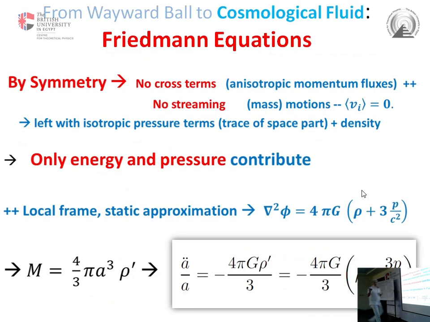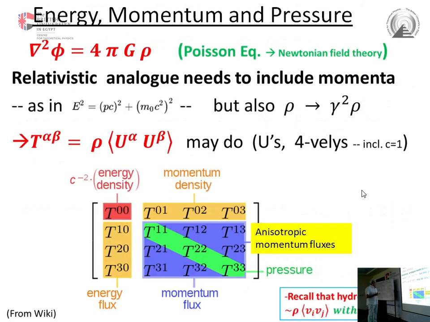Weak field because the speeds are, so to speak, smaller than GM over c squared by definition, because we're doing the Newtonian approximation. You can show it, and there's a step-by-step way in the exercise. But anyway, let's say we believe that because it's quite intuitive that we replace this by the trace.